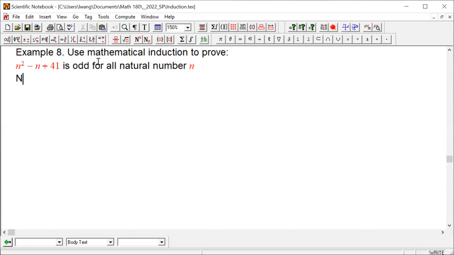I'm going to put a little note here before we show the work. What makes an odd number? Well, an odd number is typically an even number plus 1, right?